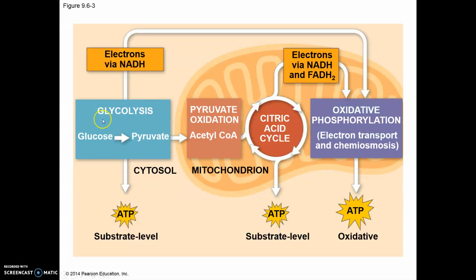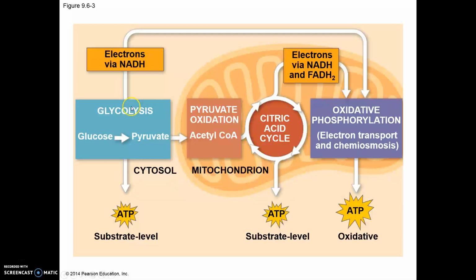So here we have these three processes: glycolysis, citric acid cycle, and oxidative phosphorylation. Here we have glucose. Glucose is being split into pyruvate. Pyruvate is then turned into acetyl-CoA, which enters into the citric acid cycle. Here we'll generate carbon dioxide.